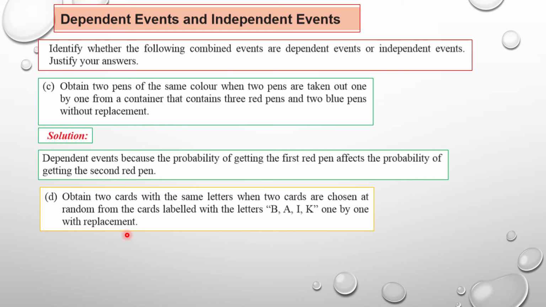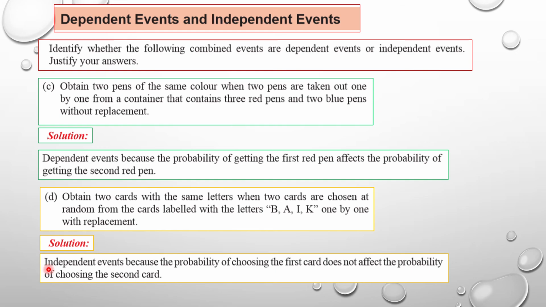That means for the second time the box contains the same number of cards. Therefore, the occurrence of the second event is not affected by the occurrence of the first event. Therefore, this is an independent event, because the probability of choosing the first card does not affect the probability of choosing the second card.